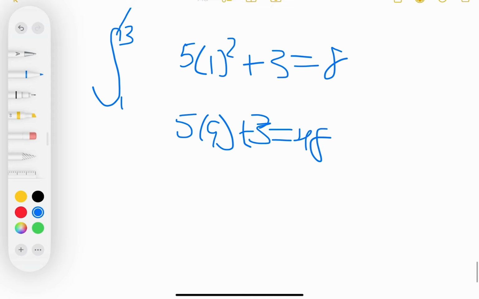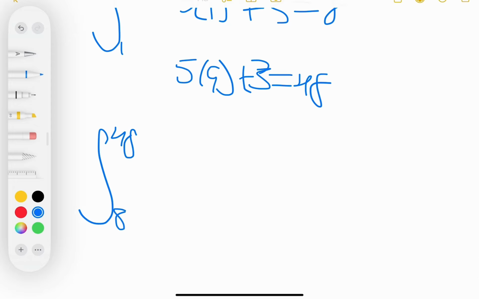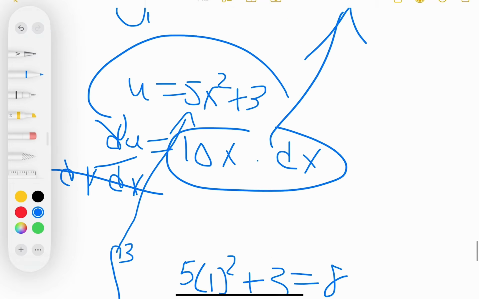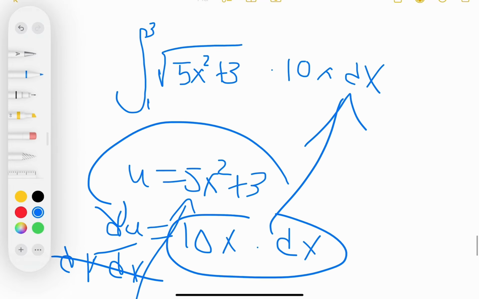So then you want to rewrite this and integrate. It's the integral from 8 to 48 of u to the 1/2 du. Remember, we're still dealing with the square root.